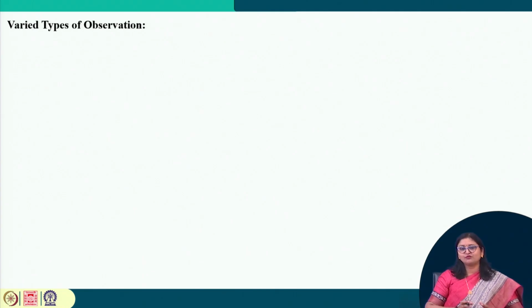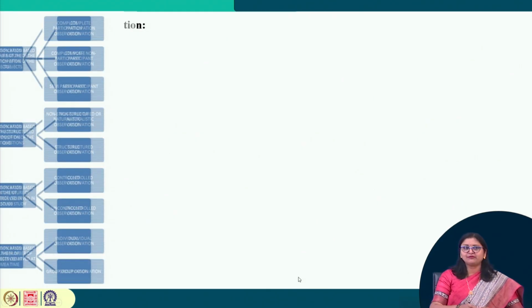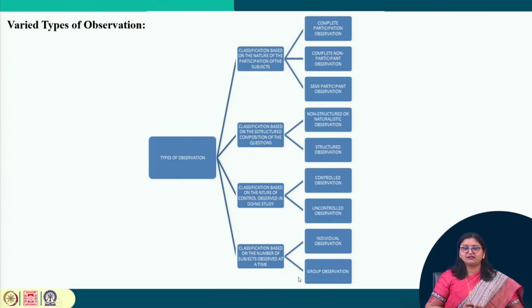This is not like the movies where heroes easily hide their identity. Here, at the time of research, it is a little bit difficult to mix with the real subjects at the environment where you are going for the observation.